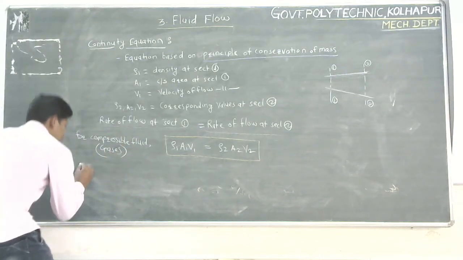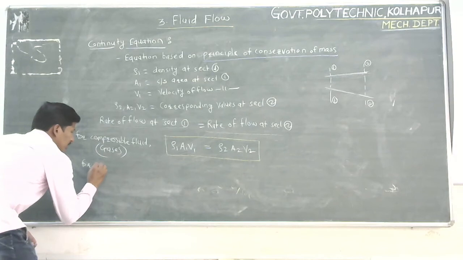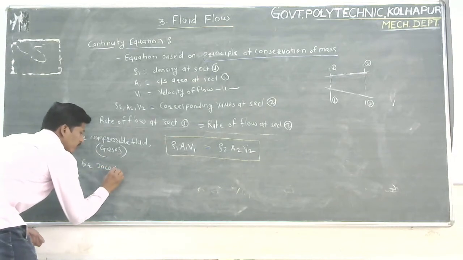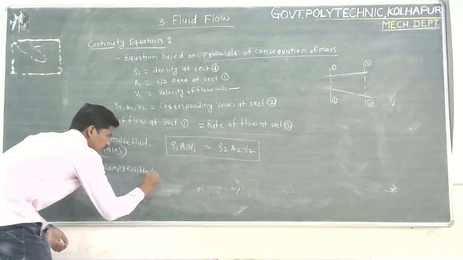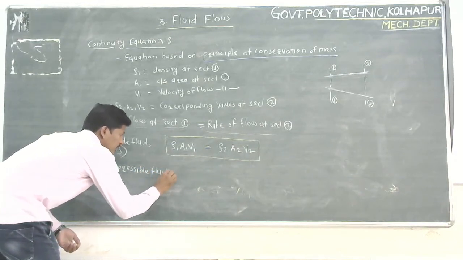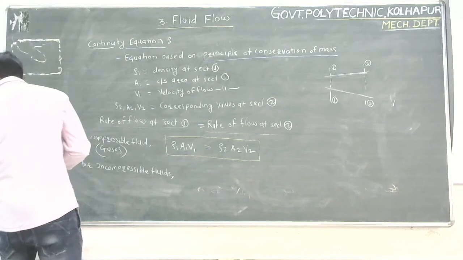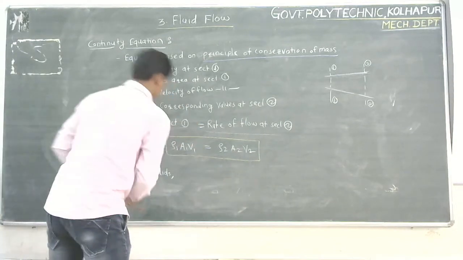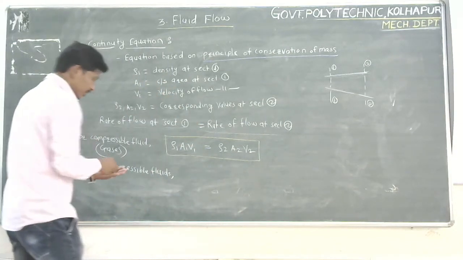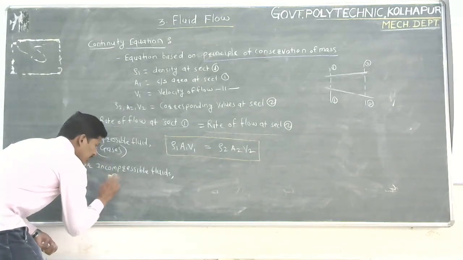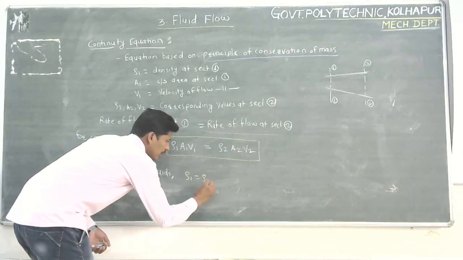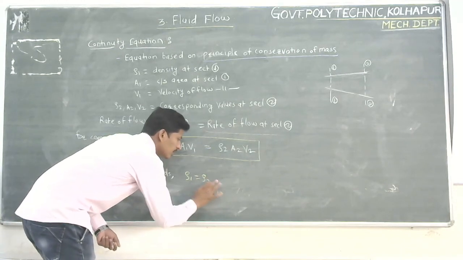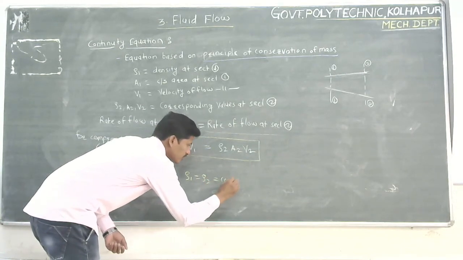Now, if we are considering incompressible fluids, what will happen? For incompressible fluids, rho 1 and rho 2 will be constant.